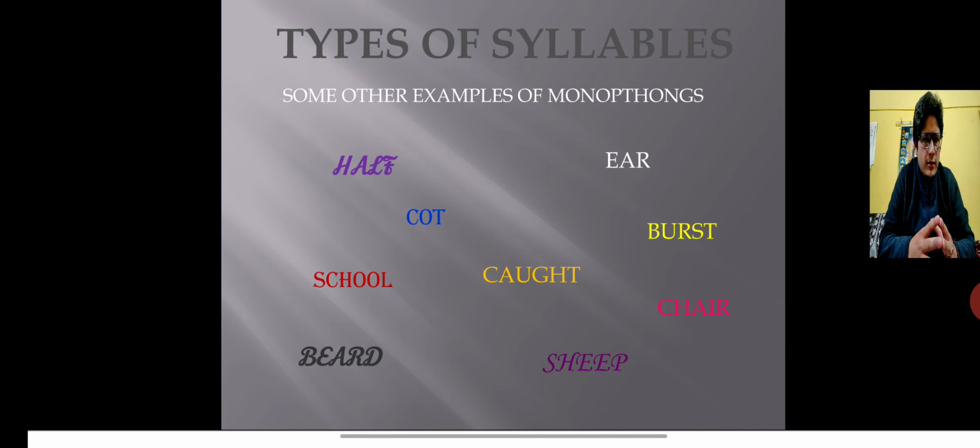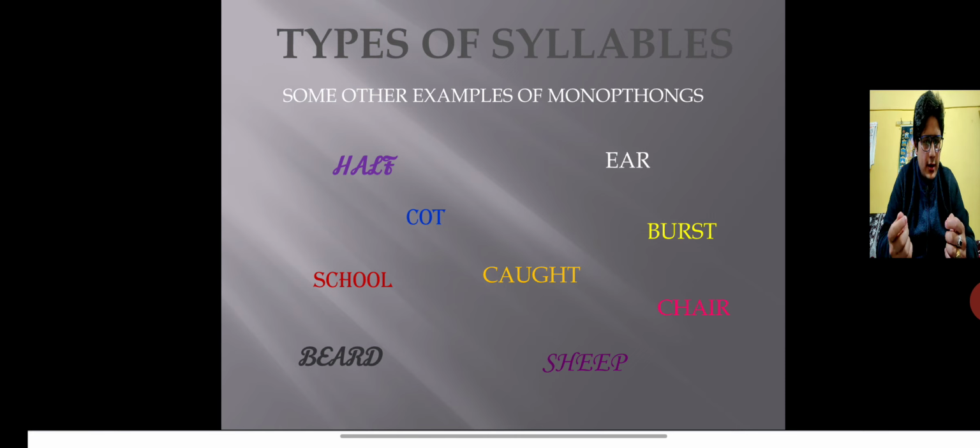Then cot. If you try to associate the word that is in blue to the word that is in yellow, oak, cot and cot, it's more or less a similar tone that we get when we pronounce cot and cot. So what's the difference? If I say cot, there is absolutely no difference when it comes to hearing that tone.